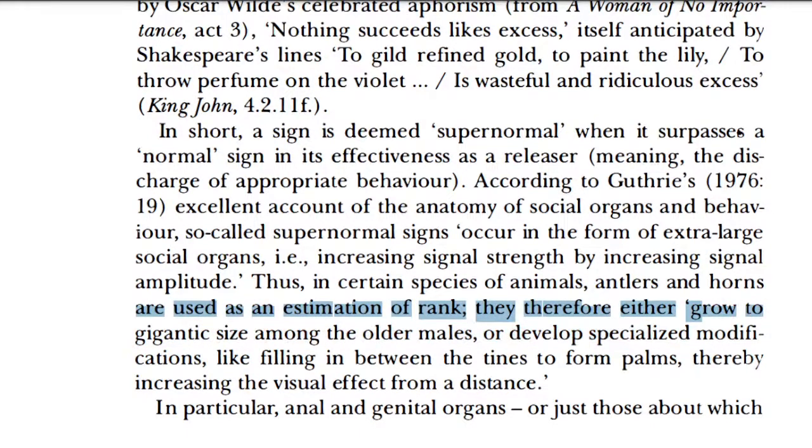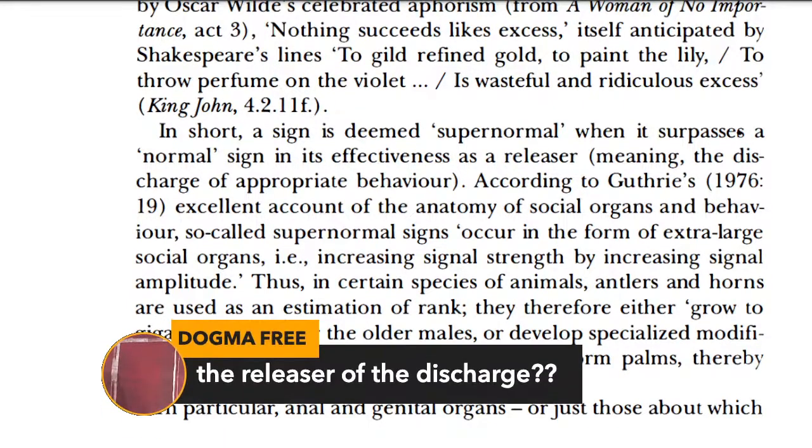They therefore either grow to gigantic size among the older males, or develop specialized modifications like filling in between the tines to form palms, thereby increasing the visual effect from a distance. The releaser of the discharge. Exactly.